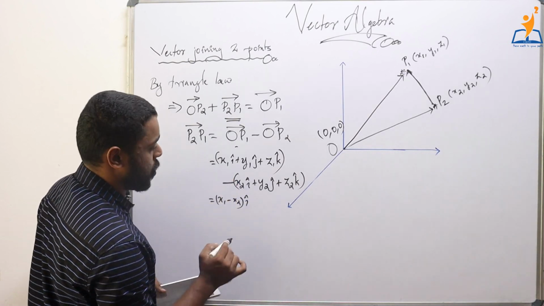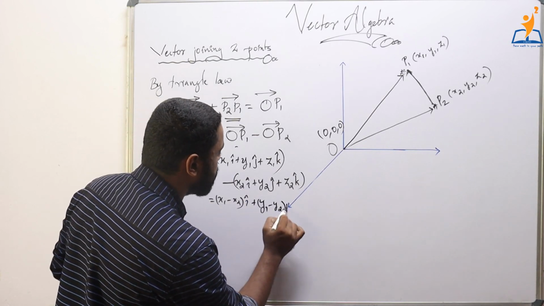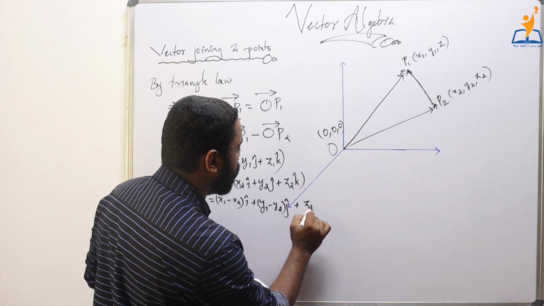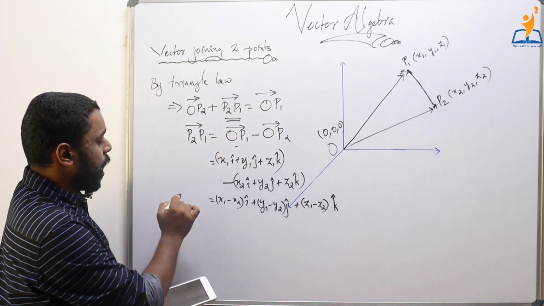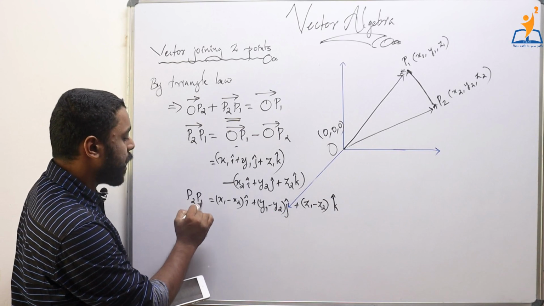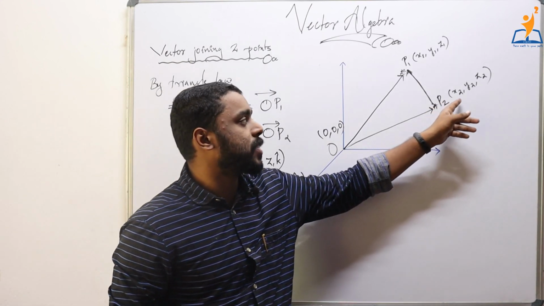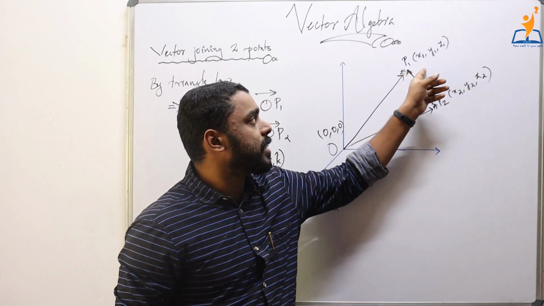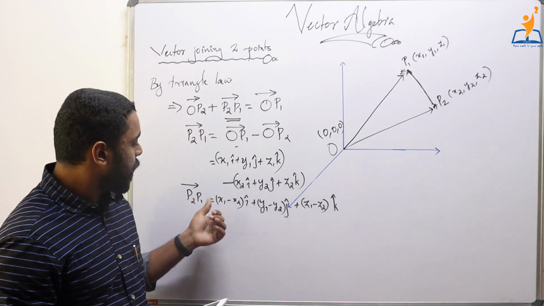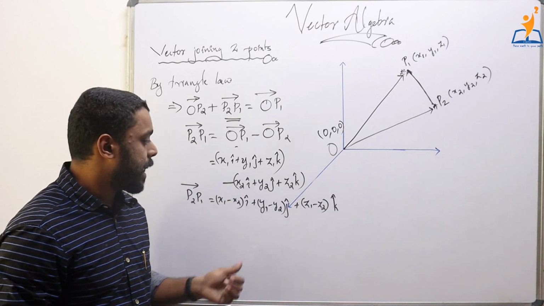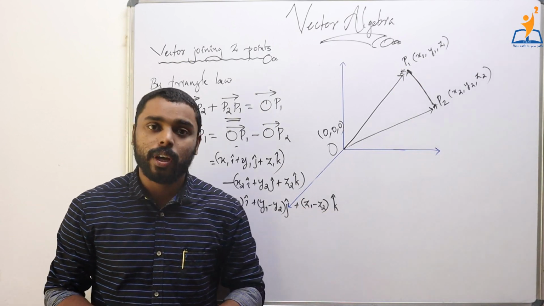So (x1 minus x2) i cap plus (y1 minus y2) j cap plus (z1 minus z2) k cap. So we have the vector P2P1, connecting the point (x2, y2, z2) with the point (x1, y1, z1), is nothing but (x1 minus x2) i cap, (y1 minus y2) j cap, (z1 minus z2) k cap.